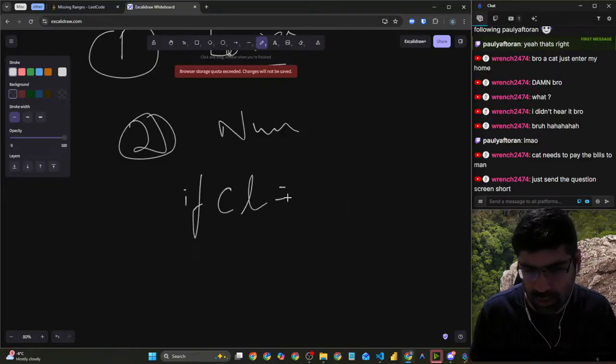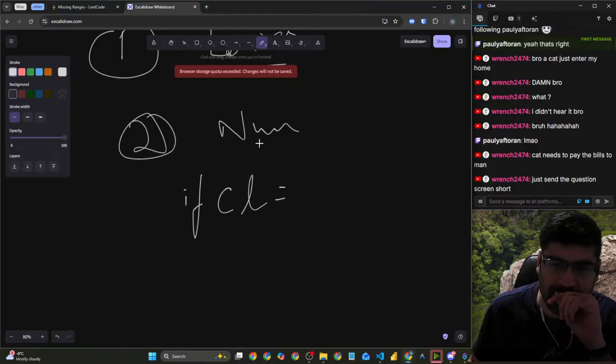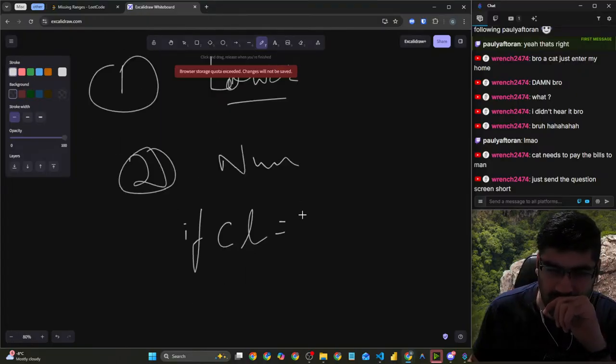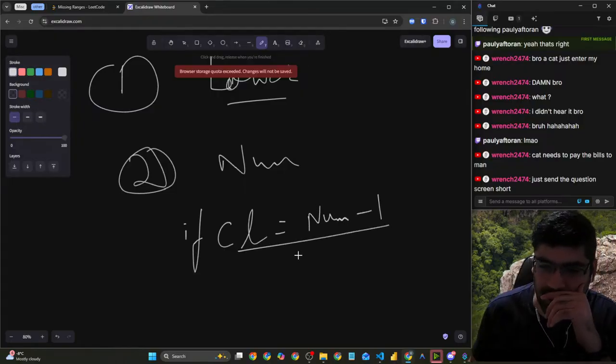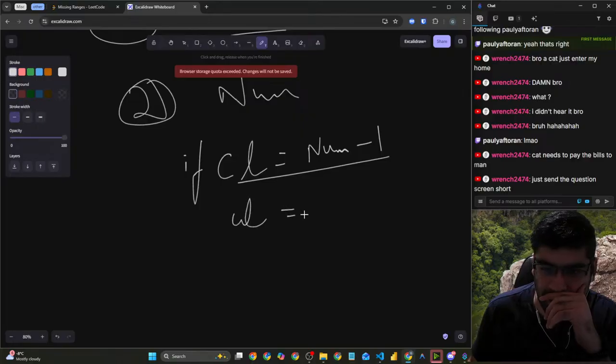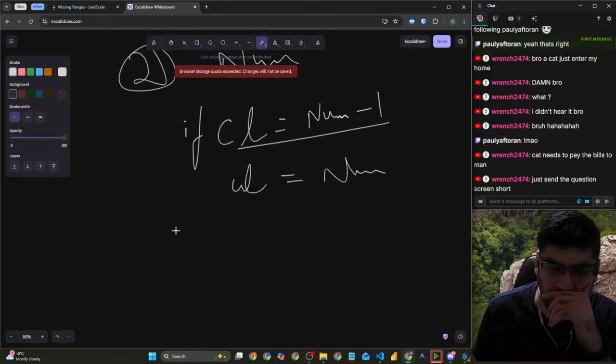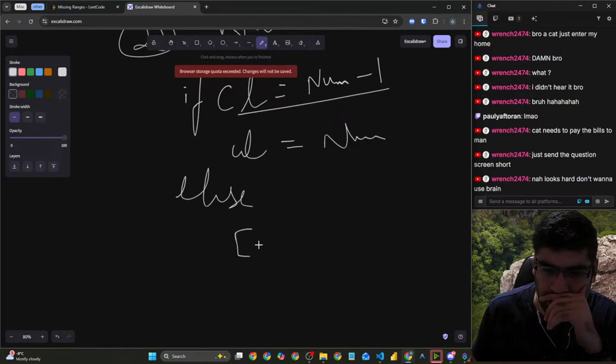If current lower is equal to whatever num we are at minus 1, current lower will be equal to num. Else, we will add current lower to num minus 1.